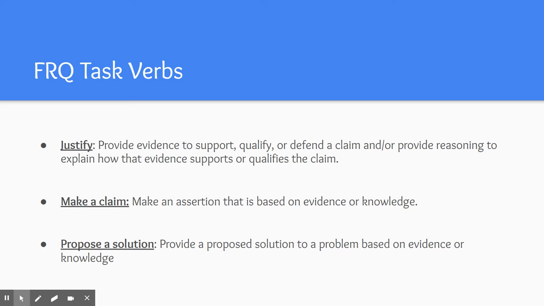It could be a scientific theory that is very well supported that you could base your claim off of. If there was an example of a researcher that we discussed that did something phenomenal for the world of environmental science, then you could use that person's name as a reference as well. Those are all totally okay.